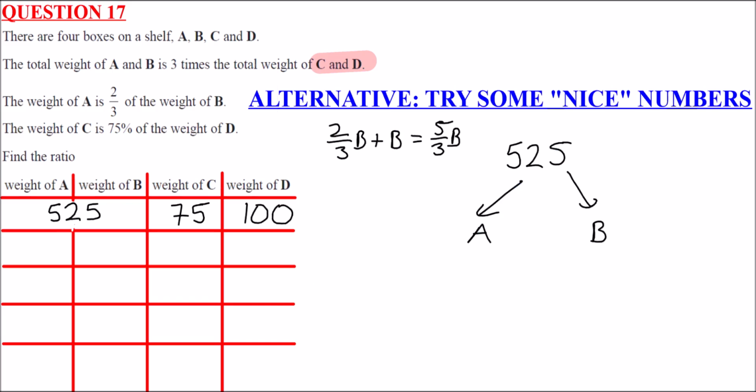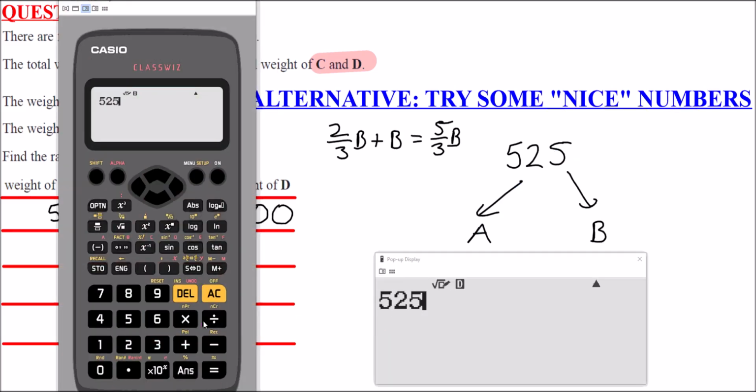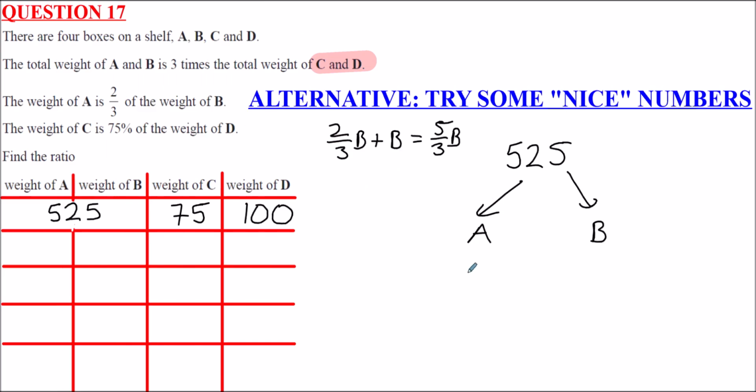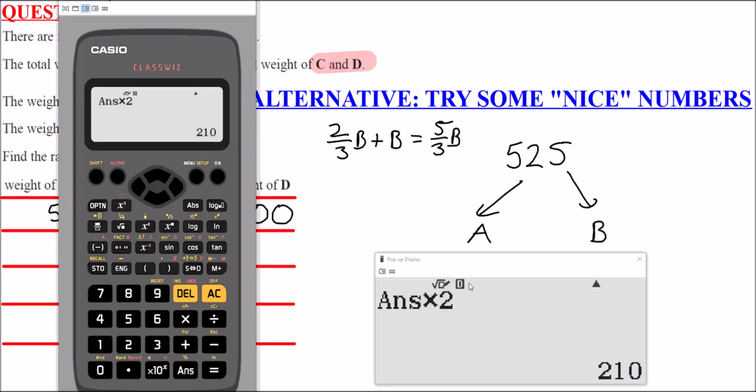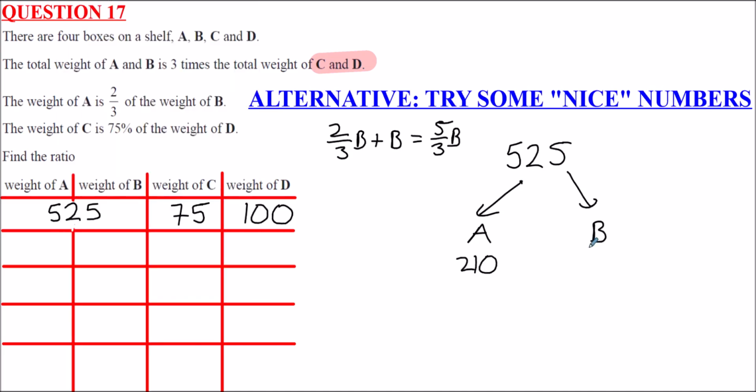So 525 divided by 5 is 105. 2 of those thirds are for A, so if I multiply that by 2, 2/3 is for A, so 210 for A, and then B would be 3/3, so divide by 2 to get my 1/3 back, multiply by 3, 315.